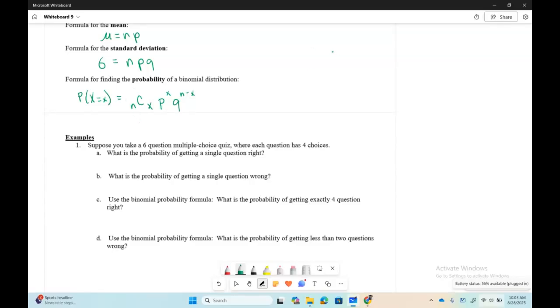This N represents the total number of trials, and X is the amount we're looking for. P is our probability of success, and Q is the probability of failure.